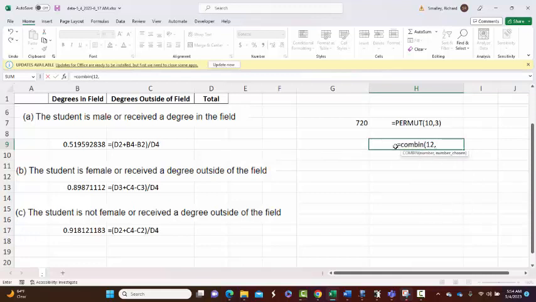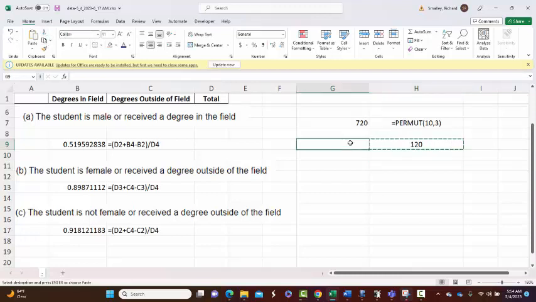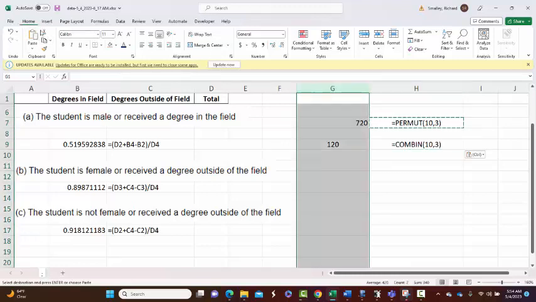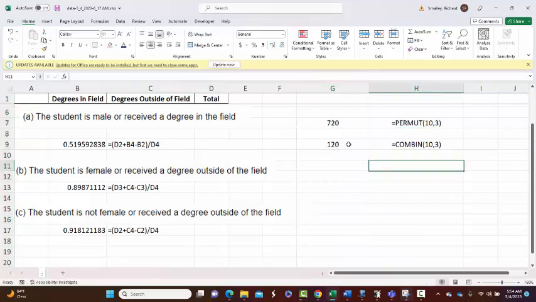PERMUT for permutation. 10, 10, 3. Oh, okay. Let me cut and paste this over to here. Copy this here to here. And there's the 120 for the combination.